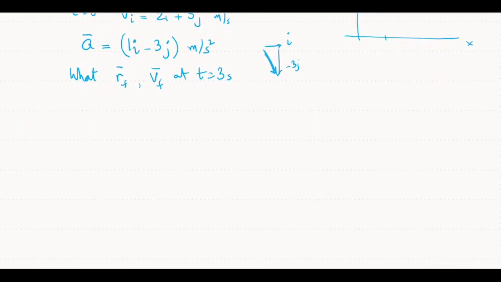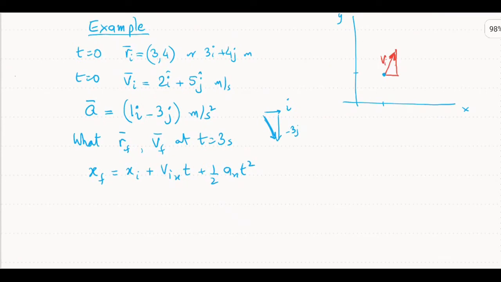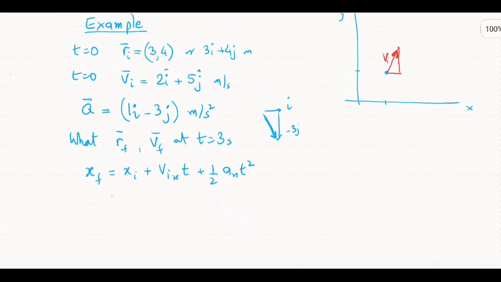So we look at the equation, and let's first find the position x final, and we'll say it's x initial plus v initial x t plus half a x t square, and we have these numbers.